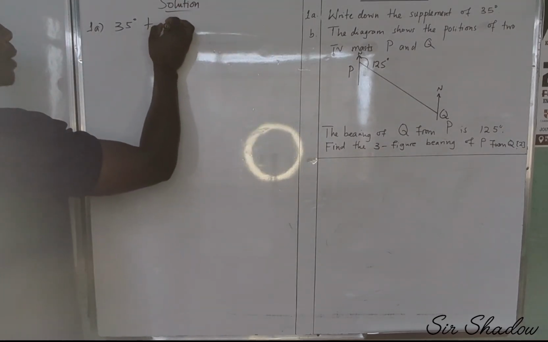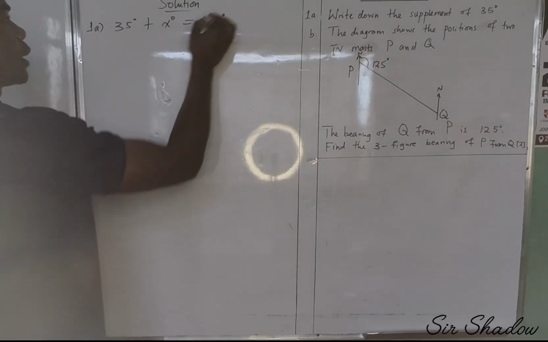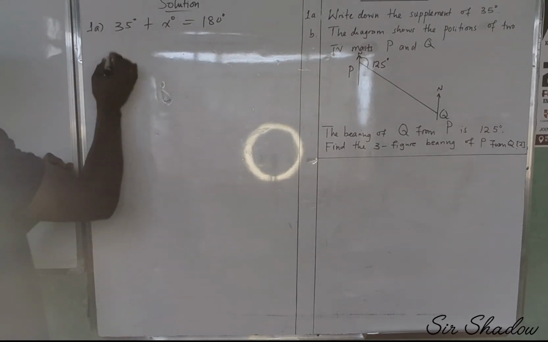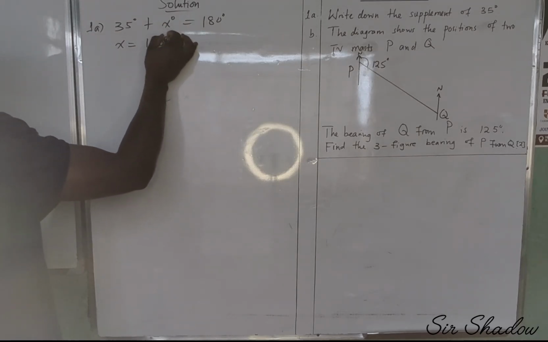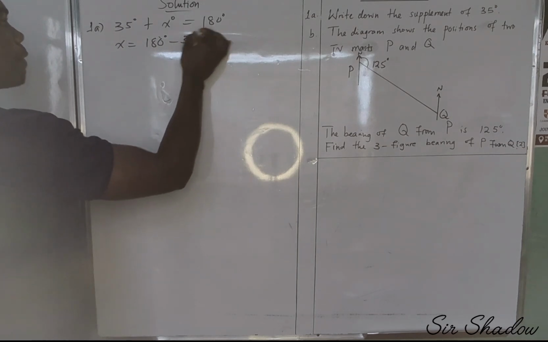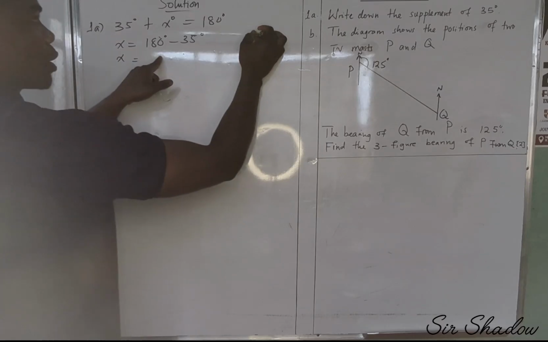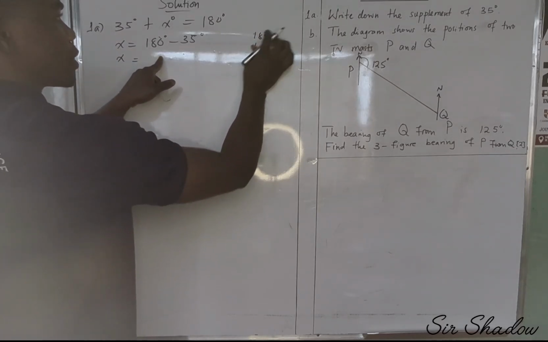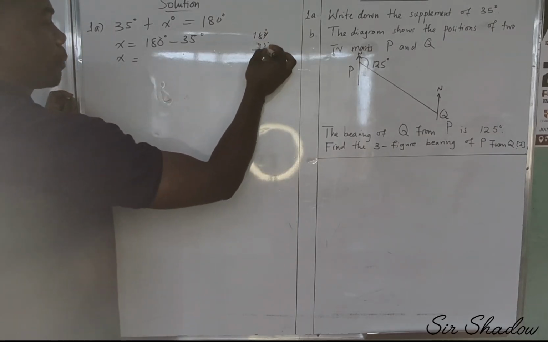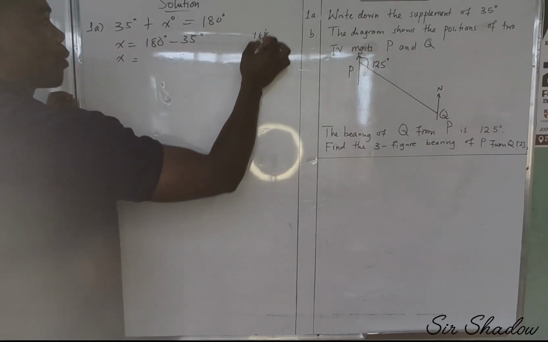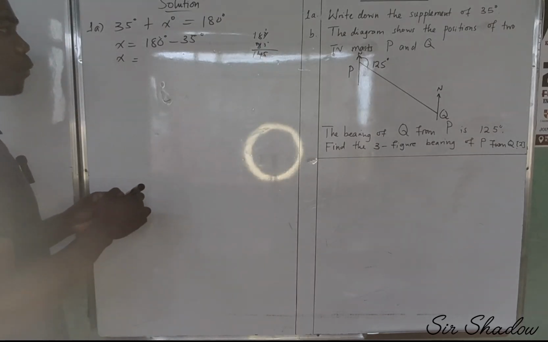We can just let the supplement be x degrees, so that 35 plus x equals 180 degrees. We want to find the value of x. So x equals 180 degrees minus 35 degrees, which is 145.